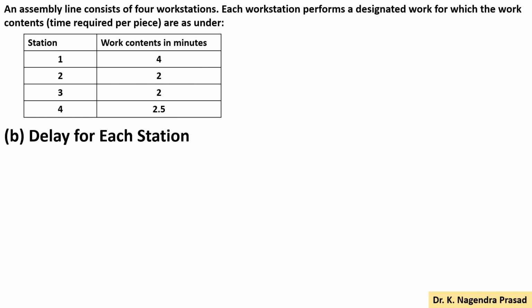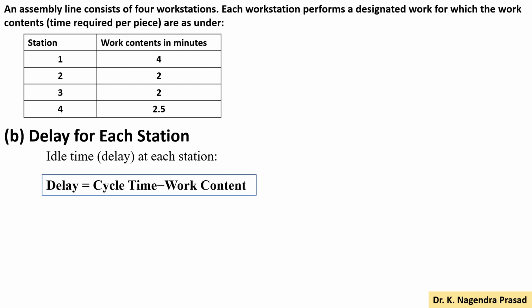Next we will determine the delay for each station. We know that idle time or delay at each station equals cycle time minus work content. Since the cycle time is 4 minutes for each station, we determine the delay for each workstation.